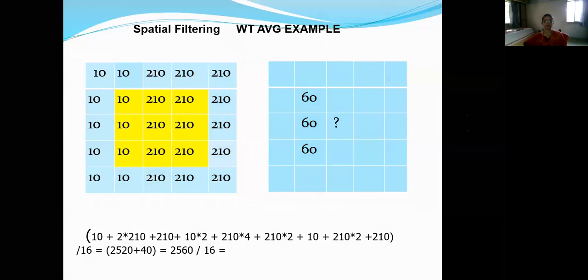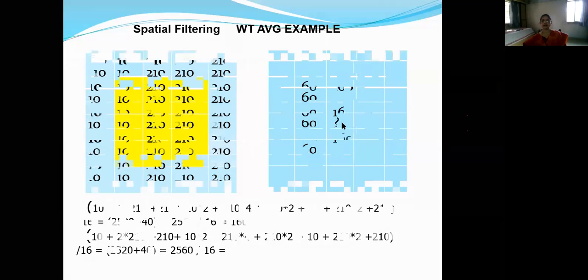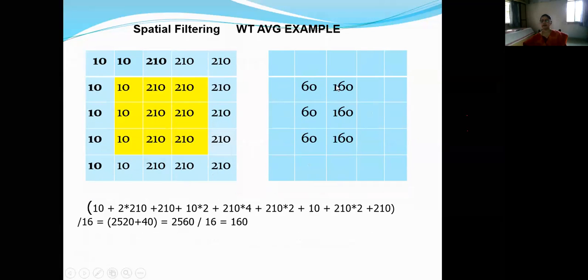When you multiply all these pixels with respective weight values, you get the result as 2560 by 16. So it is 160. So your second column for the weighted average filtered image has value 60 for all the pixels, and the third column has value 160.